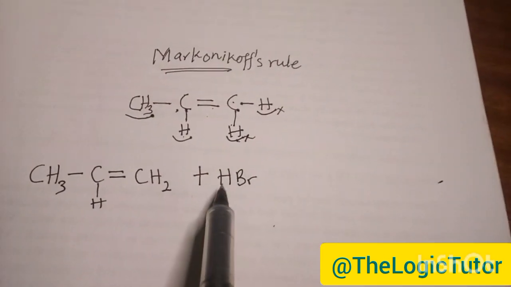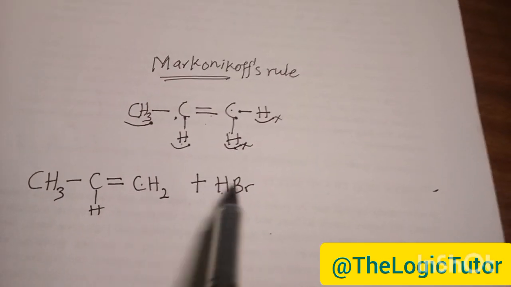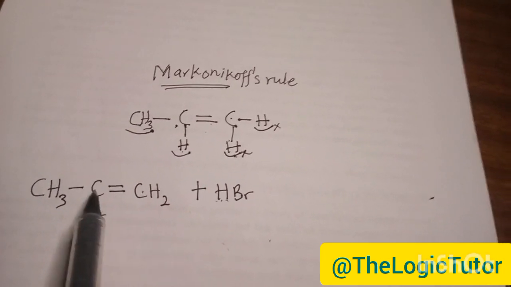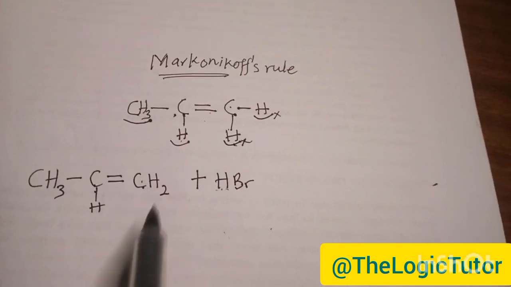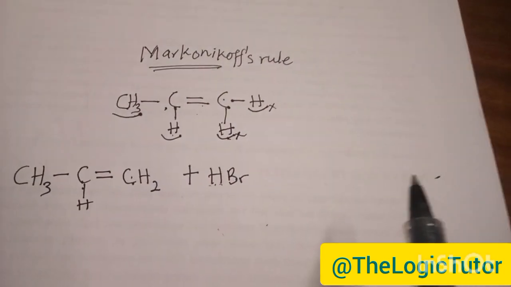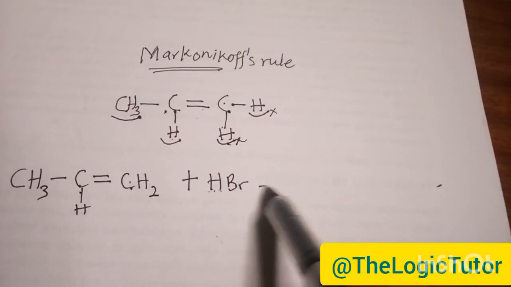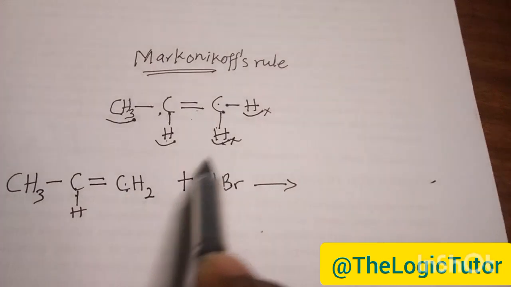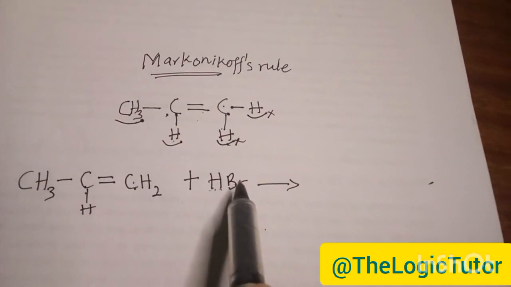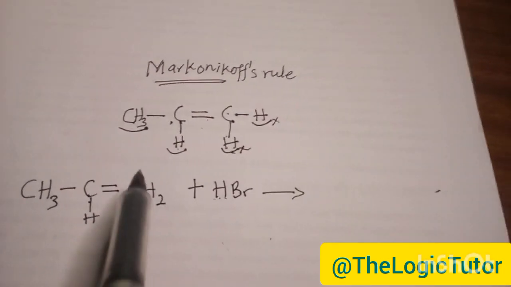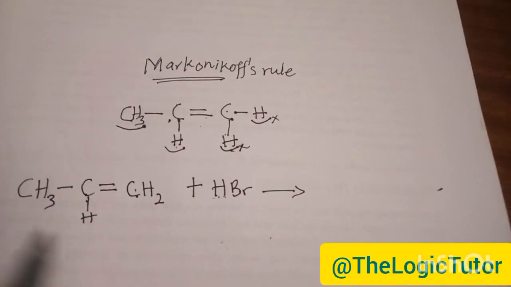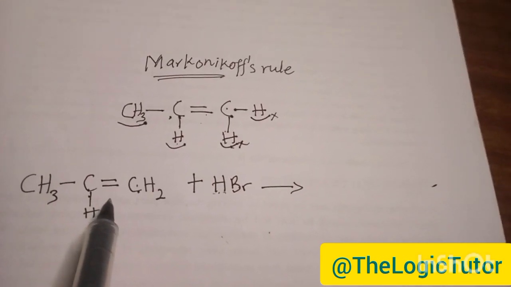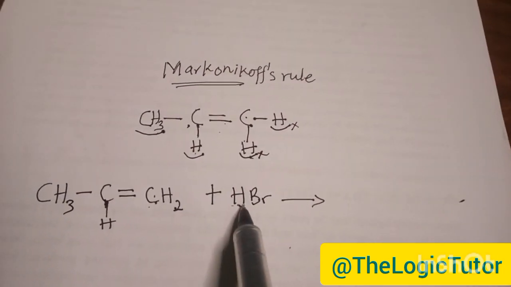We can just add this hydrogen here and take the bromine here, or take the bromine here and add the hydrogen here. So that is where the Markovnikov's rule acts. The rule tells us that when you are adding an unsymmetrical reagent like HBr, hydrogen bromide, to an unsymmetrical organic compound with a double bond that is unsaturated, we are going to add the negative element.